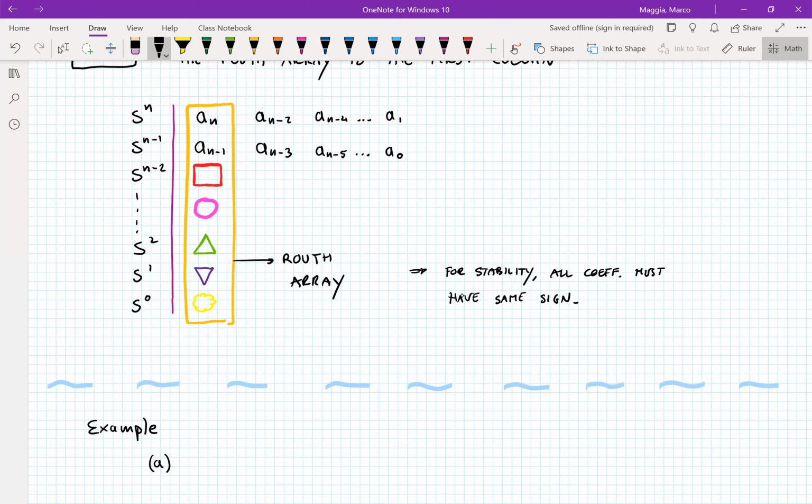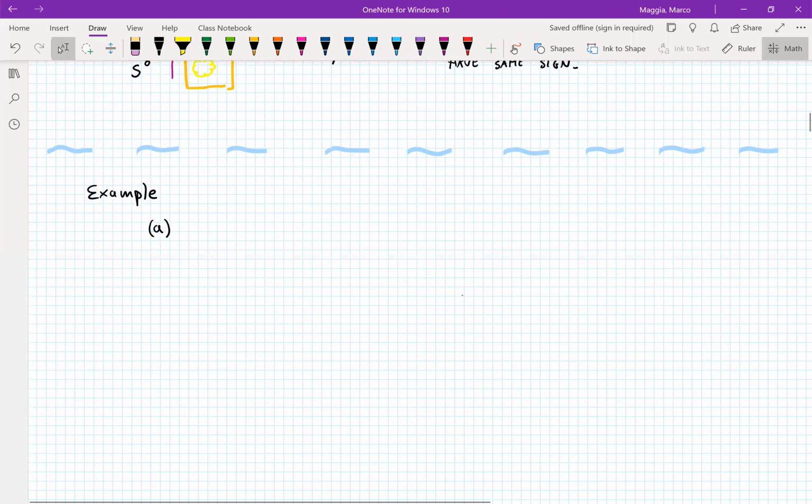And so you just take a look at the coefficients or the signs of these coefficients, and if they all have the same sign, then the system is stable. If not, the system is not stable. Let's take a look at an actual example and things will clear out, hopefully.